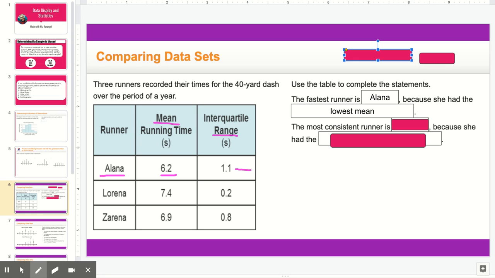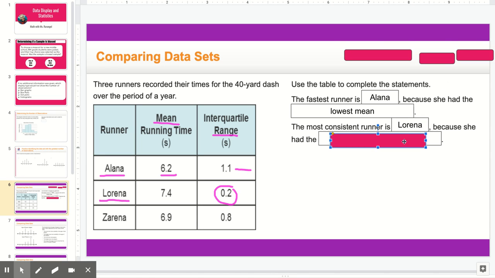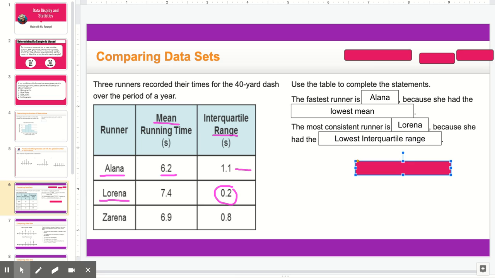She doesn't run the exact same time every time. So maybe 6.2 seconds was the best time that she's ever had. Okay. So right here, 0.2, this is the smallest interquartile range. So that means Lorena is the most consistent runner because she has the lowest interquartile range.